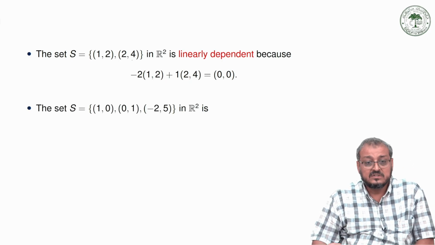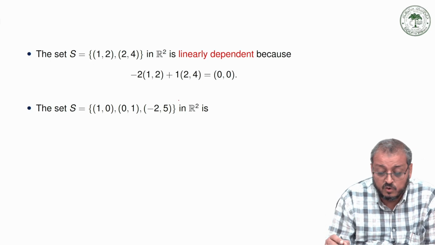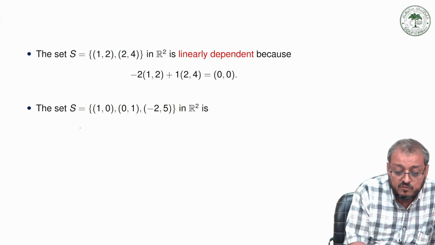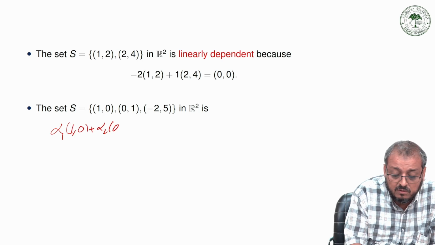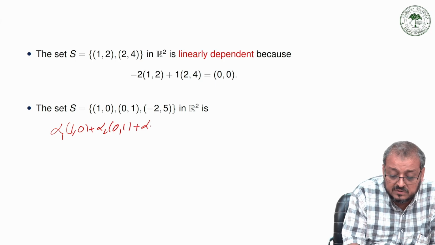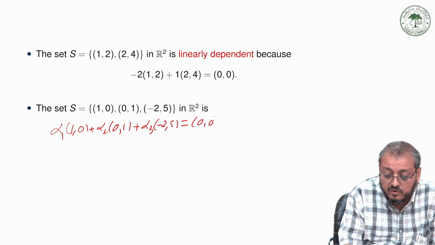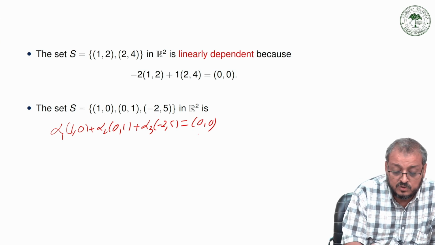Okay, now one more example. I take this in R2, and again we have to write the linear combination of these vectors in the form of this equation: α1 (0, 0) plus α2 (0, 1) plus α3 (−2, 5) equals the additive identity (0, 0) of R2.